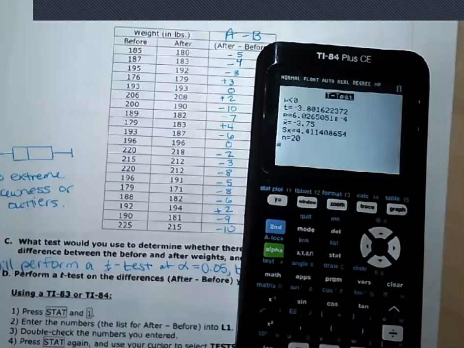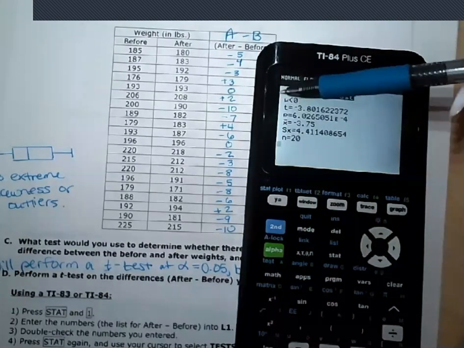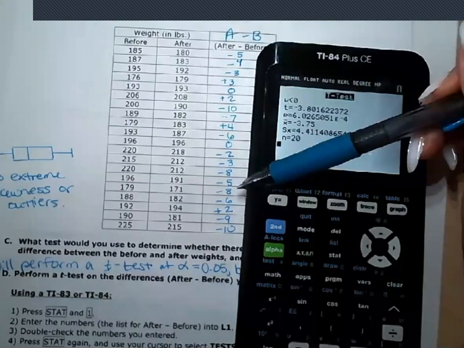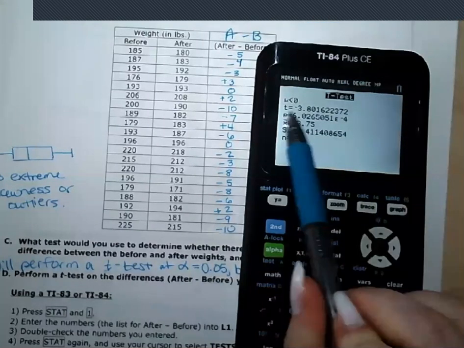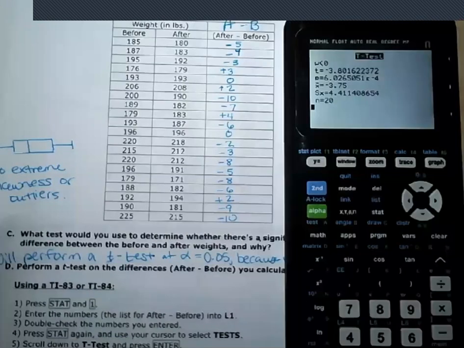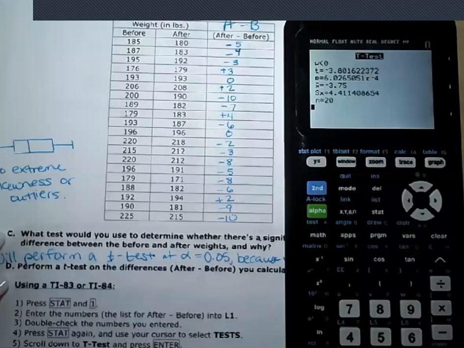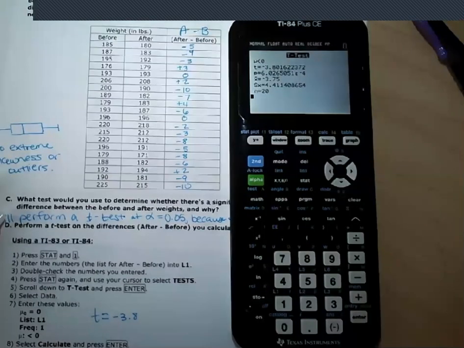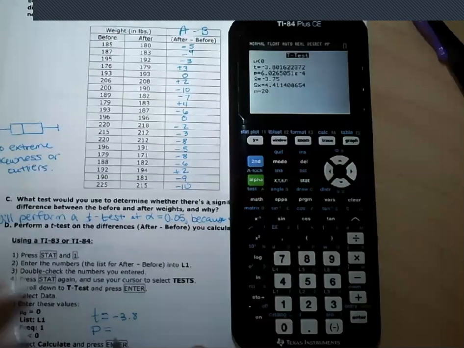So it shows us our alternative hypothesis is that the mean is less than 0, negative, which is what we wanted when we're losing weight. Our T variable is negative 3.80. I'm writing this down, but you can't see it. My p-value, the probability of t being less than that, is right here.